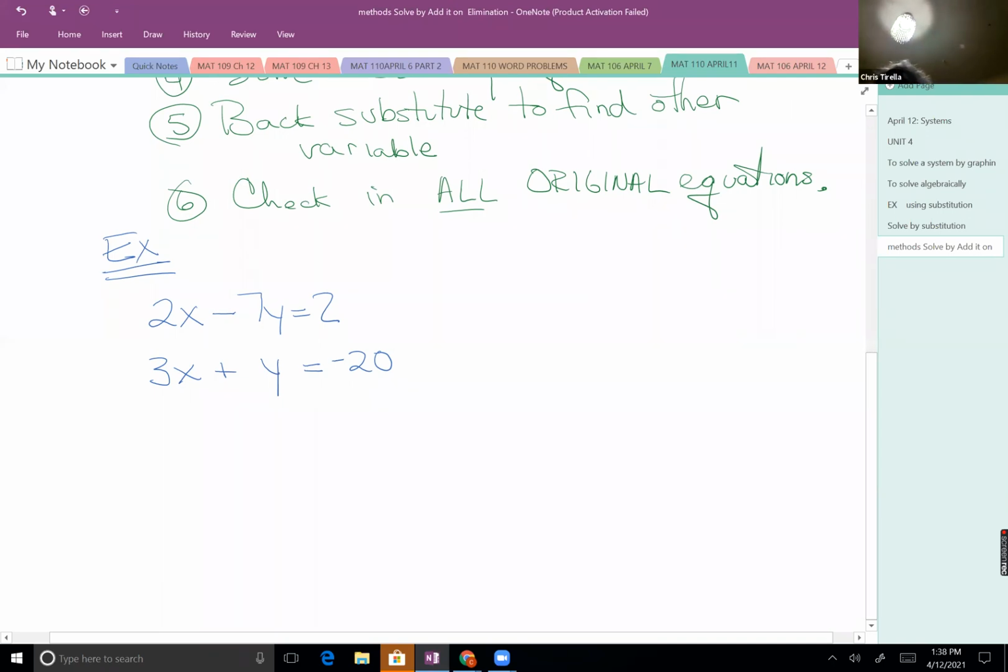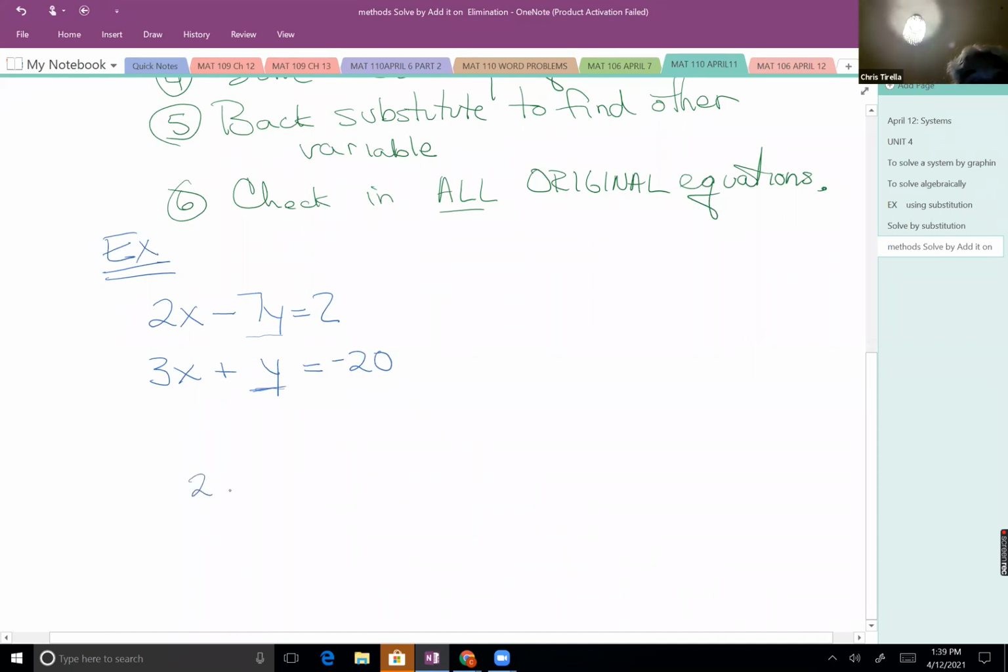Some people might choose to try to eliminate the x's and get their coefficients to be opposites. Some people might choose to eliminate the y's and make their coefficients opposites. I would probably do the latter because you see over here, this one's got a coefficient of 1. This one's got a coefficient of negative 7.